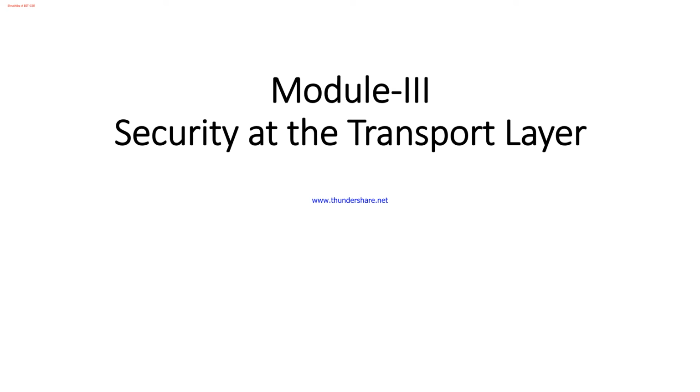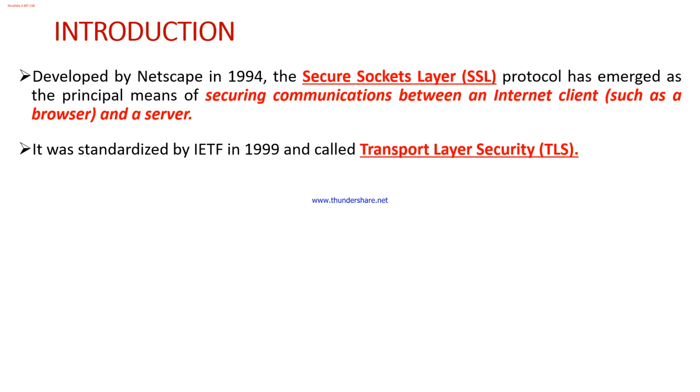So once we have understood that concept, we'll move on to the next level and try to understand one of the applications or one of the protocols, in particular the security at transport layer. Here we will be concentrating on one protocol, that is Secure Socket Layer protocol, SSL.